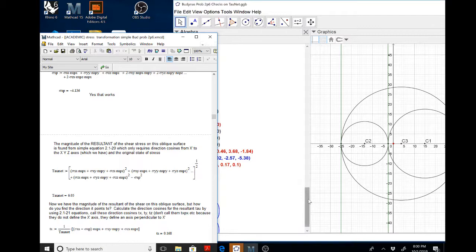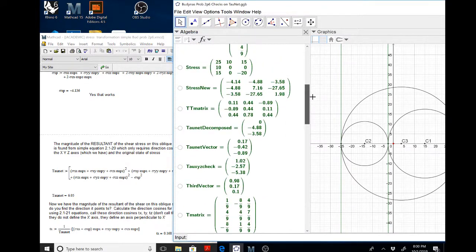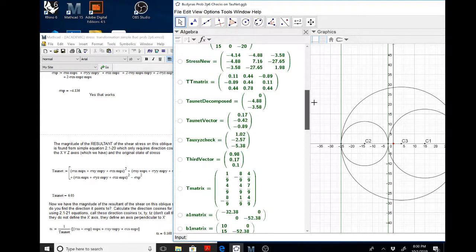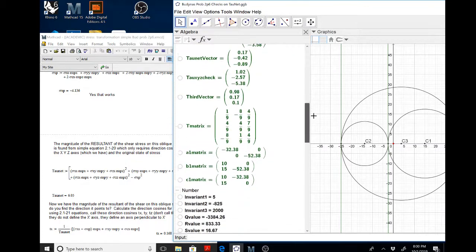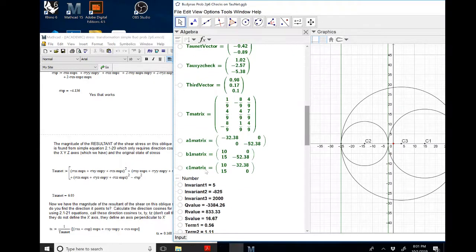So you're not going to find a 6.05 in the stress matrix here. It's that single value. Now this is subtle, I think, but maybe if you're super comfortable with direction cosines and the like, it might not be so subtle.